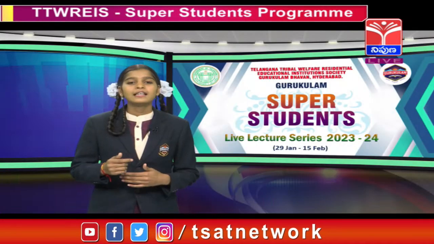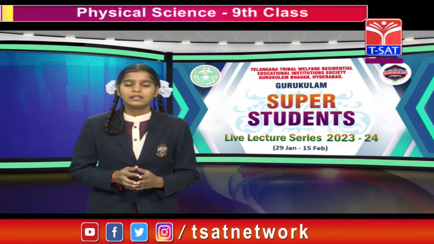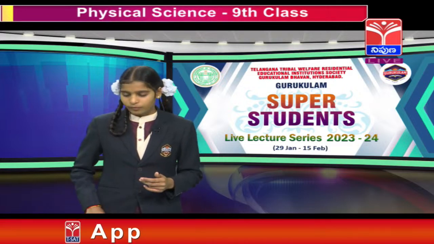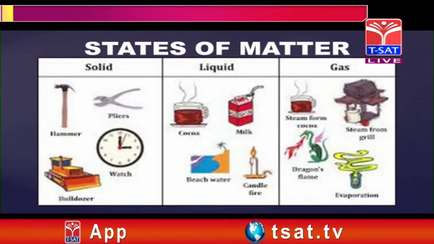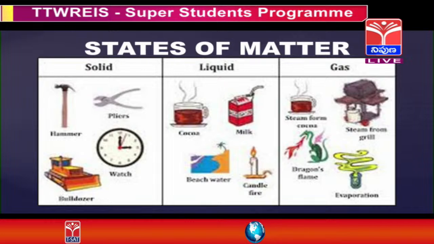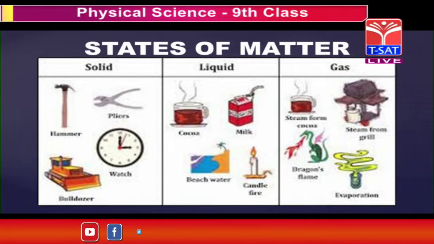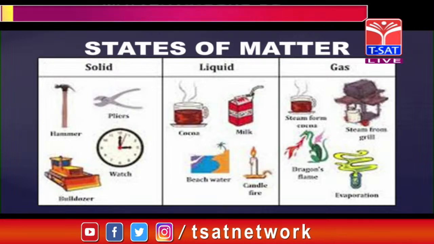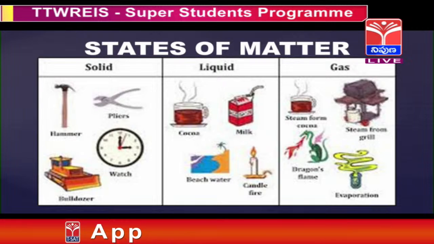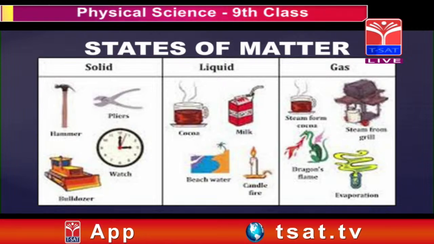Okay, we have learned what matter is. Now we are going to learn about the states of matter. Do you know what the states of matter are? There are three states of matter. They are solids, liquids and gases. In solids we can observe chairs, benches, pen, pencil, book.